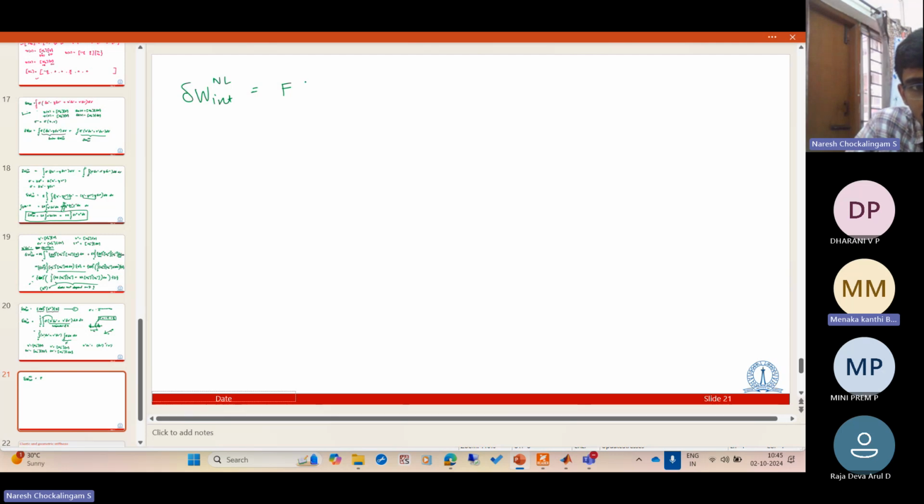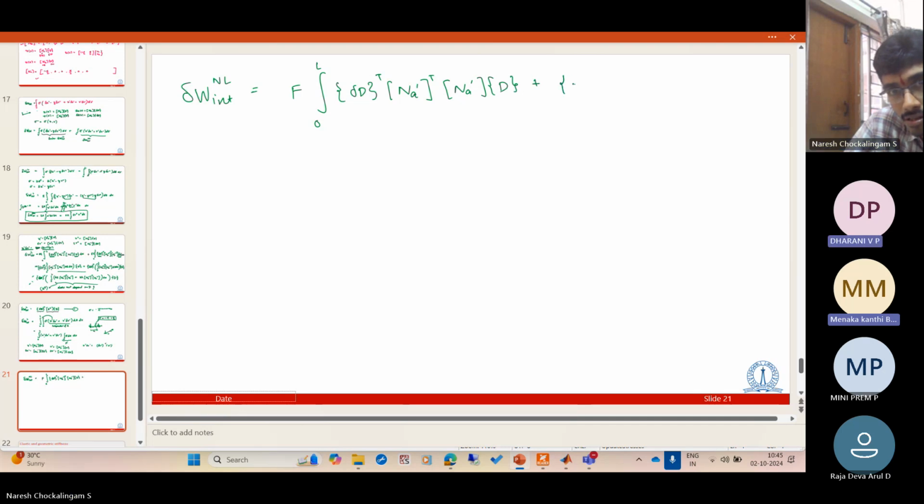And then you get this. So first thing, you get an F outside, then you get integral 0 to L of del D transpose NA dash transpose NA dash D plus del D transpose NB dash transpose NB dash D. This entire thing multiplied with dx.